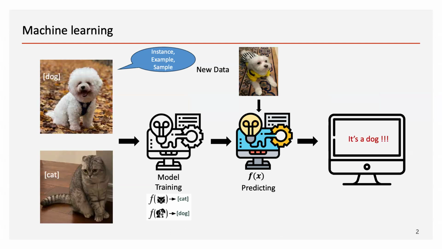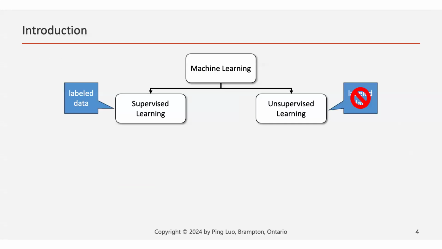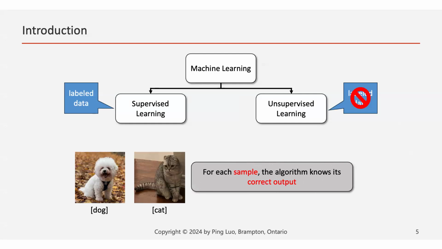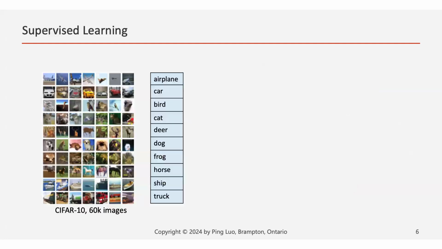This specific tag for the image is called the label. And of course, unsupervised learning has no labels. For example, you just give all the images to the model and the model learns whatever it can. It depends on the model you use. A typical example is this.